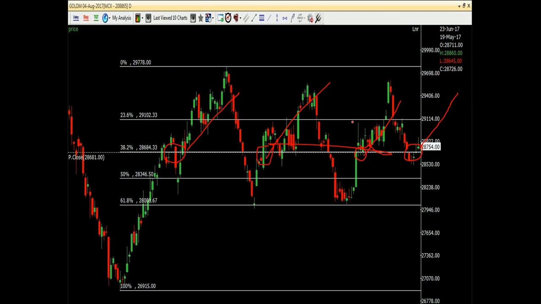Every time it touches 38, it tries to move back, but just keep an eye on 29,500. Every time you see this parallel line, every time it touches 29,500, it behaves as resistance and comes back. So this is the third time.